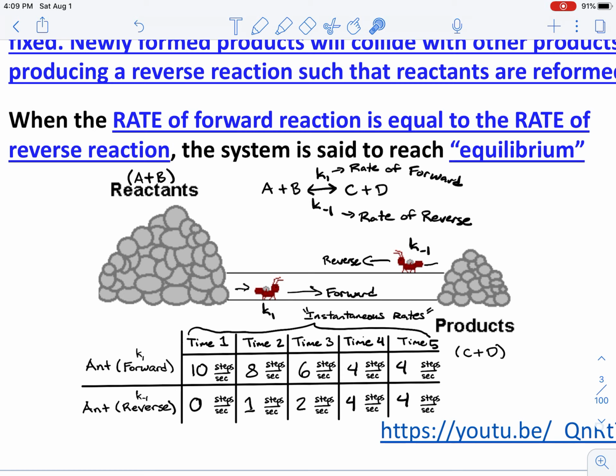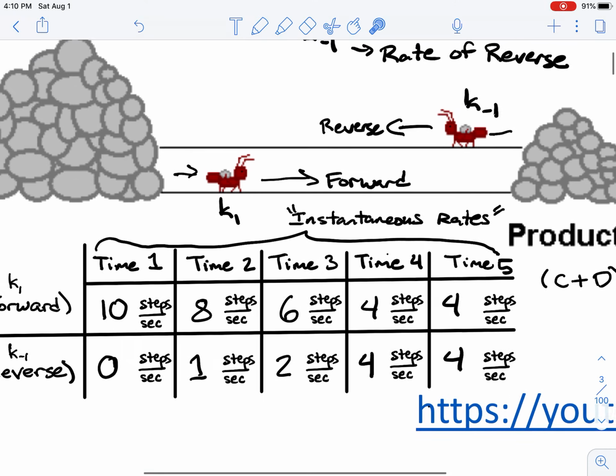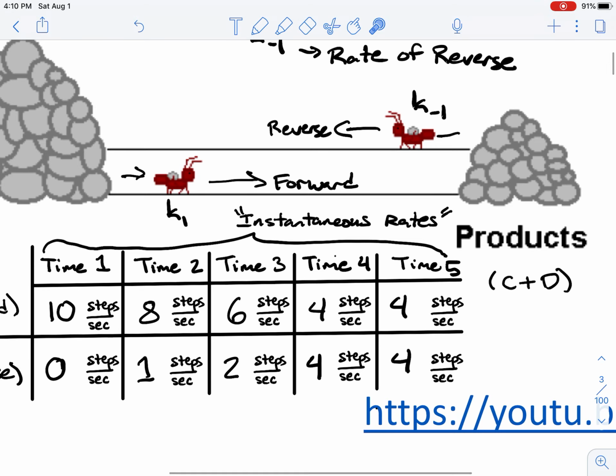And so looking at the numbers that I kind of made up, time 4 and time 5 is really where the rate of the forward and rate of the reverse is pretty consistent and constant and equal. And so here we have this convergence of rate between forward and reverse.